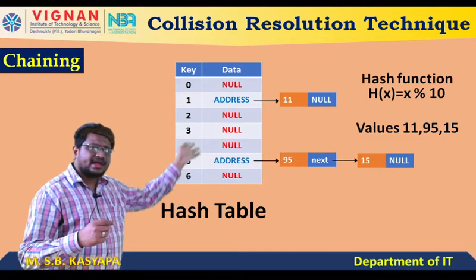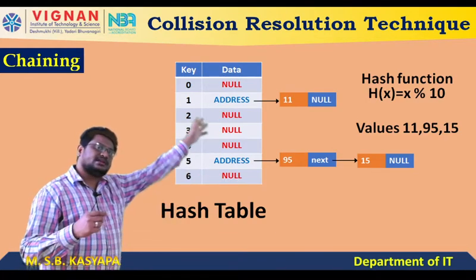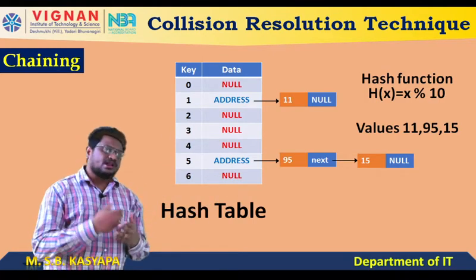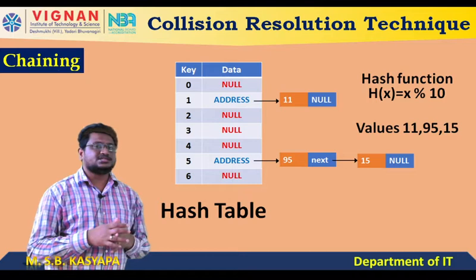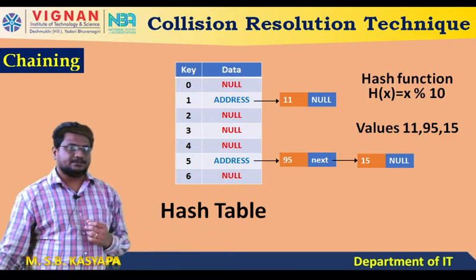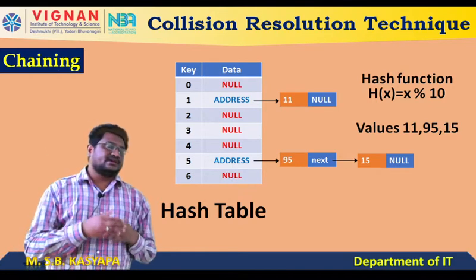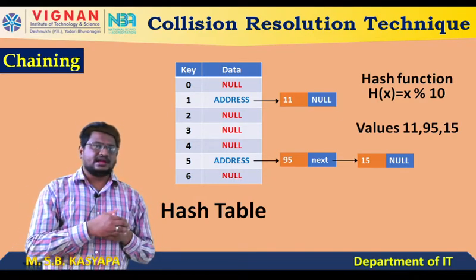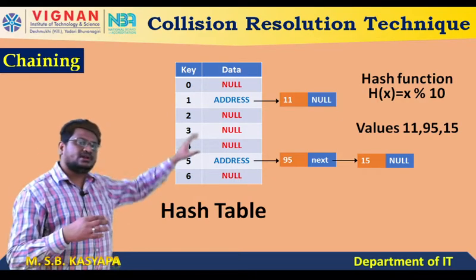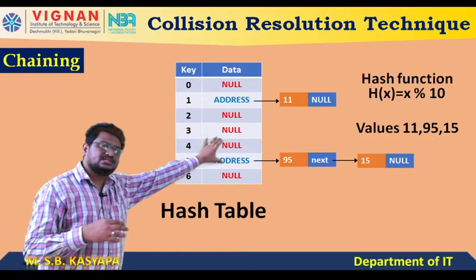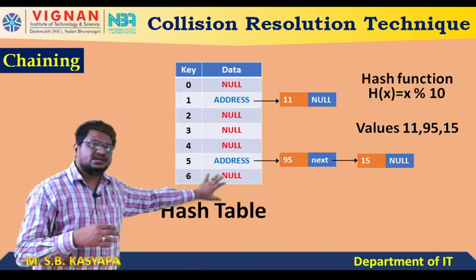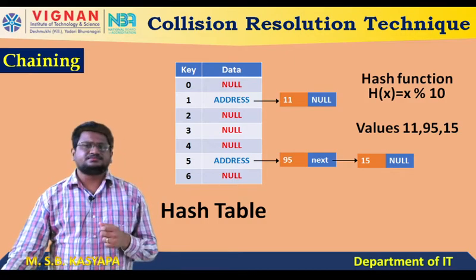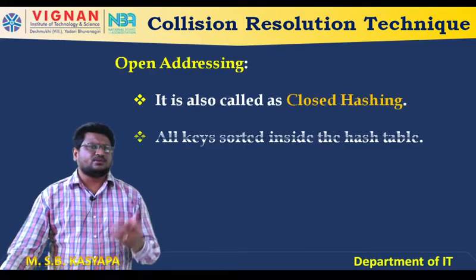The remaining slots are unoccupied, so the space is also wasted. One problem is it requires more space for storing the addresses, and another is that already reserved slots will not be used in some cases. So for that we are using open addressing.